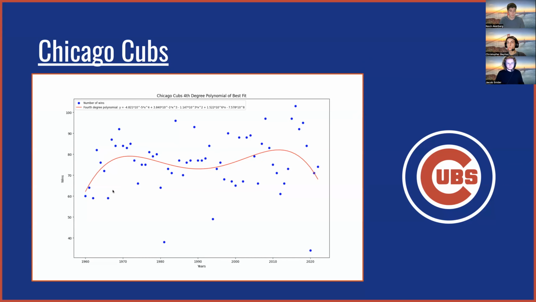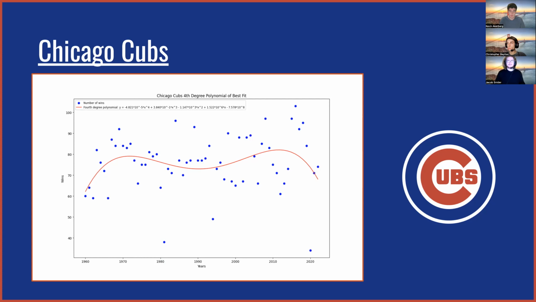We see at the beginning of our chosen time frame between 1960 and 1980, we have a positive trend as they were doing pretty well during this time. And then we have a dip pretty much from 1980 up until recent years, as during that time they were doing pretty poorly, as it goes with the Cubs, as is typical.